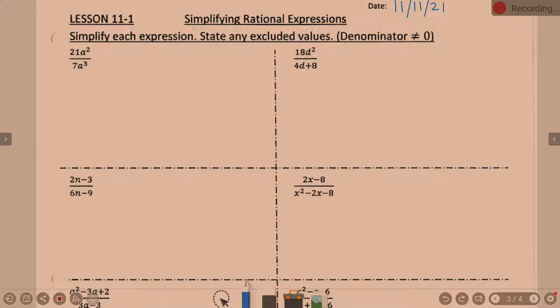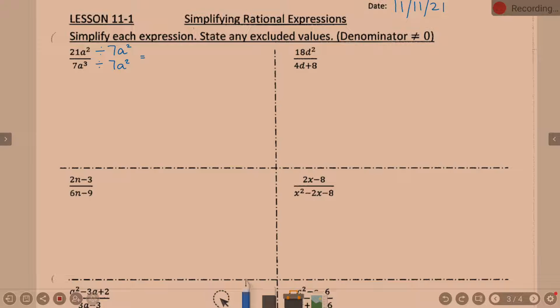So one way to do this problem is that we can divide both top and bottom by 7a squared, because they both have a 7 and an a squared in common. On top, what is 21a squared divided by 7a squared? 21 divided by 7 is 3.